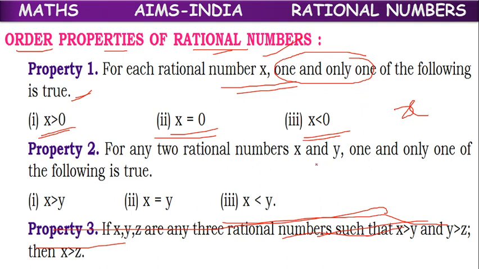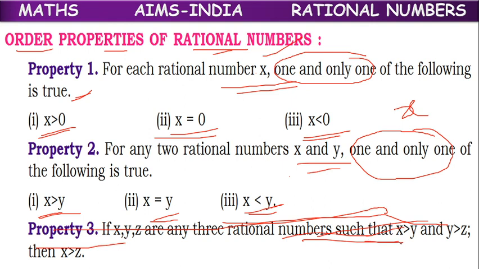Suppose if we have two rational numbers, then also one and only one property will be applicable between them: the first one is greater than y, the first one is equal to y, the first one is less than y. So these are the properties for one rational number and for two rational numbers.